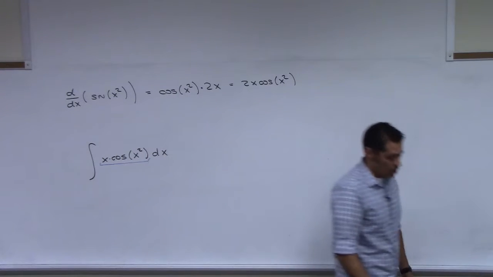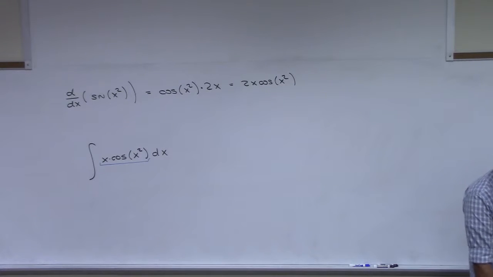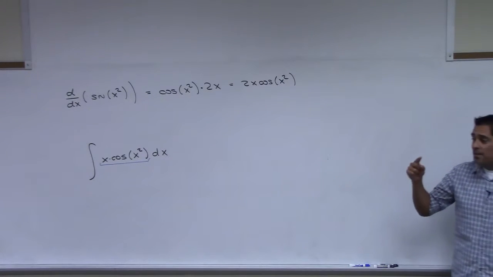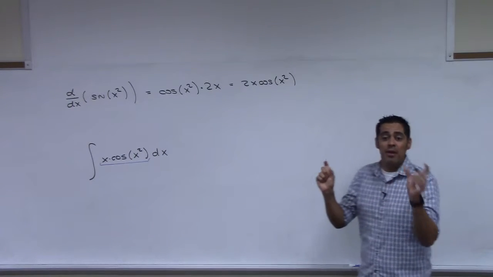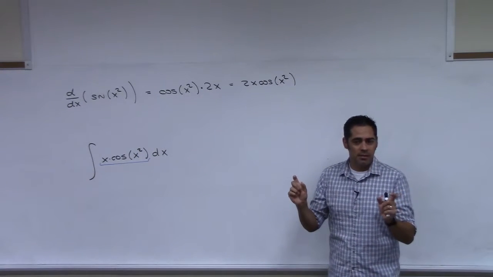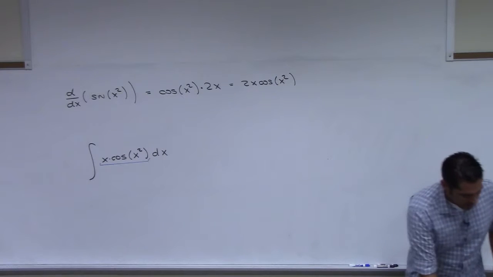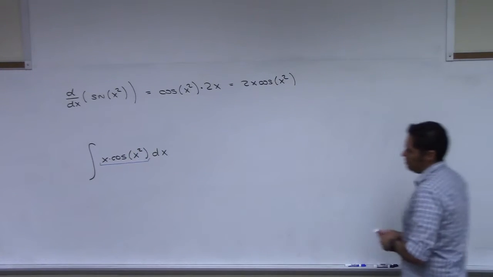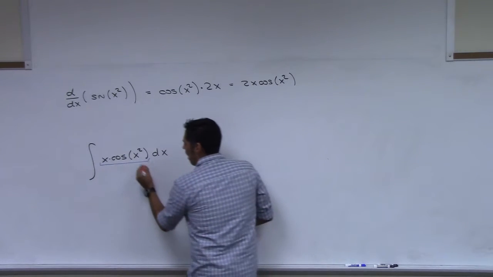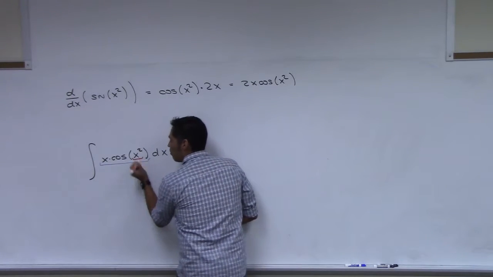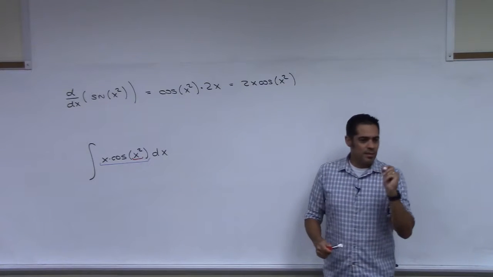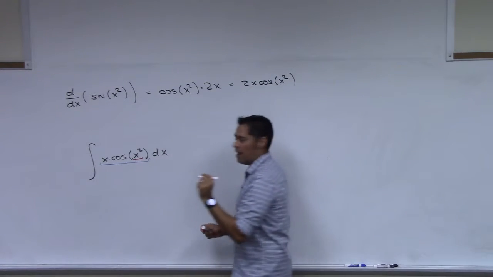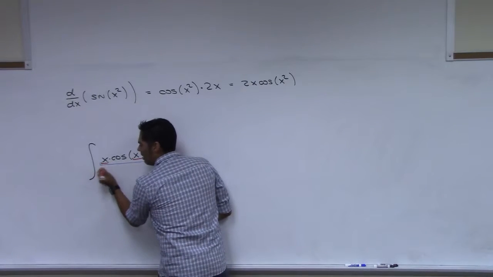And what we're going to look for is, number 2, we're going to try and find something in there, and we also want to see its derivative in there somewhere, all right? Now what I mean by that is, since this is our first example, I see something in here, x squared, right? And its derivative is 2x. And I almost have 2x out here, don't I? I have x, not 2x.